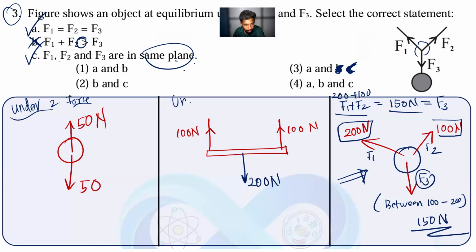Here under three forces, they are parallel. Here under three forces, but not parallel. These are the three types: two forces, three forces parallel, three forces not parallel.